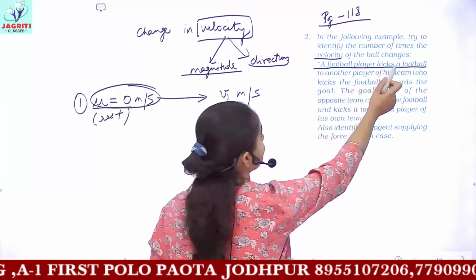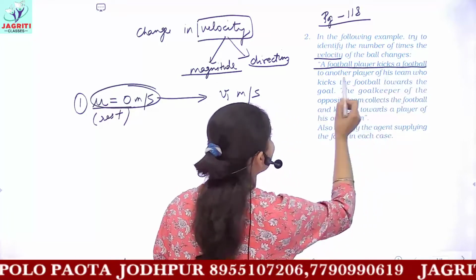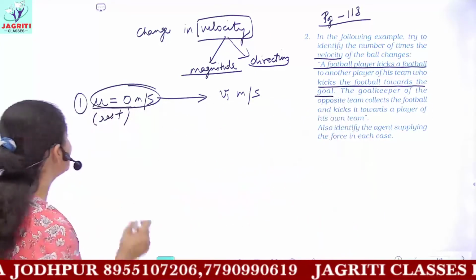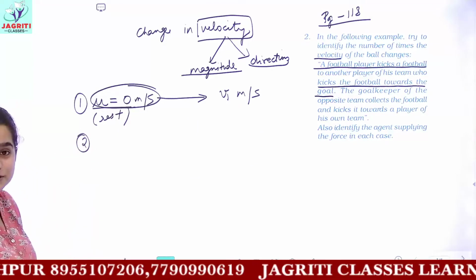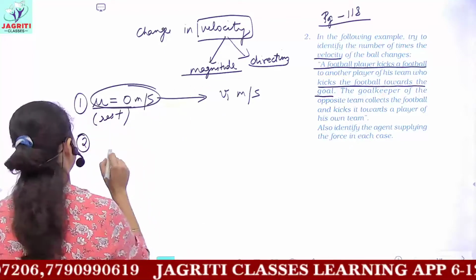Now this player kicks the football to another player of his team who kicks the football towards the goal. So from this line you can conclude the second change in velocity. The football was moving with the velocity v1.